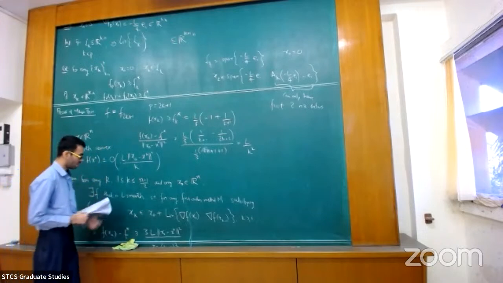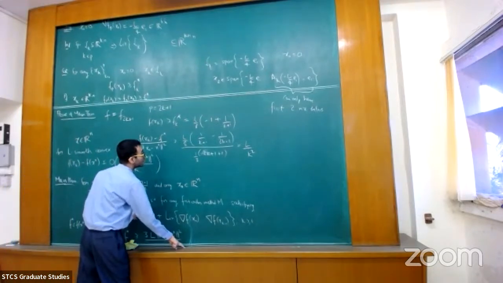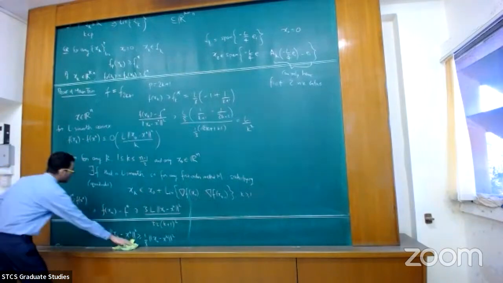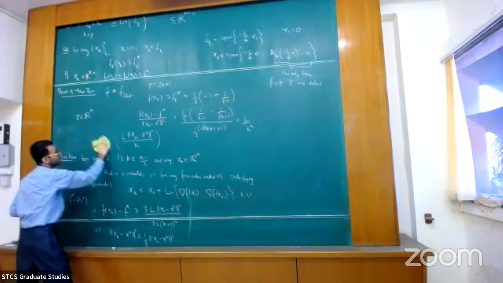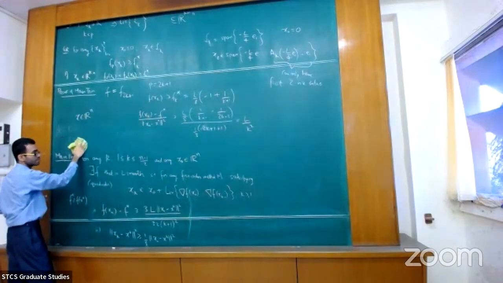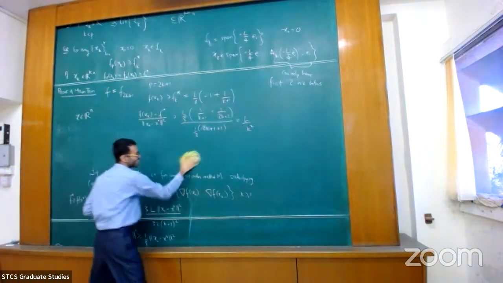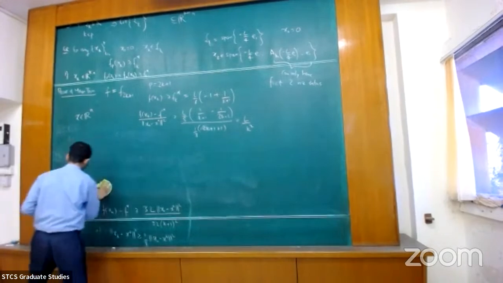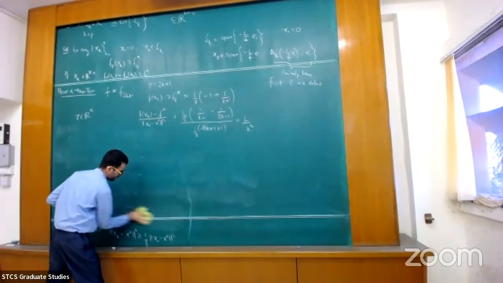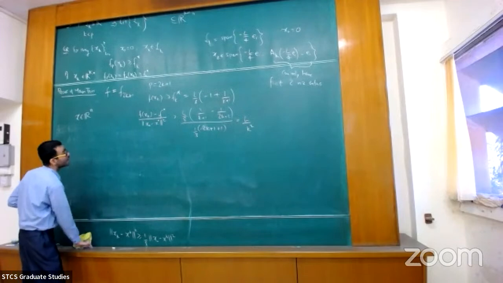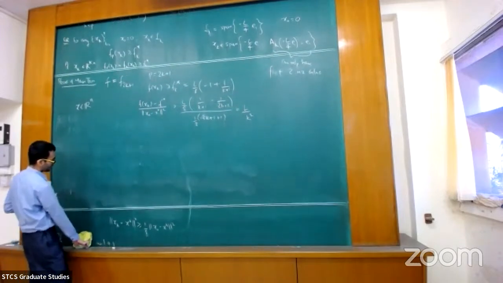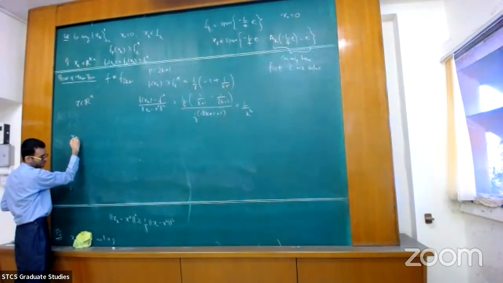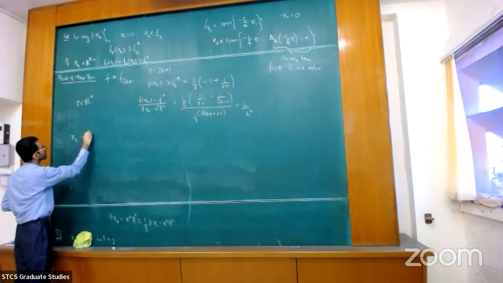And let's also check the other lower bound. Let's do this one now. So x_k minus x star squared.